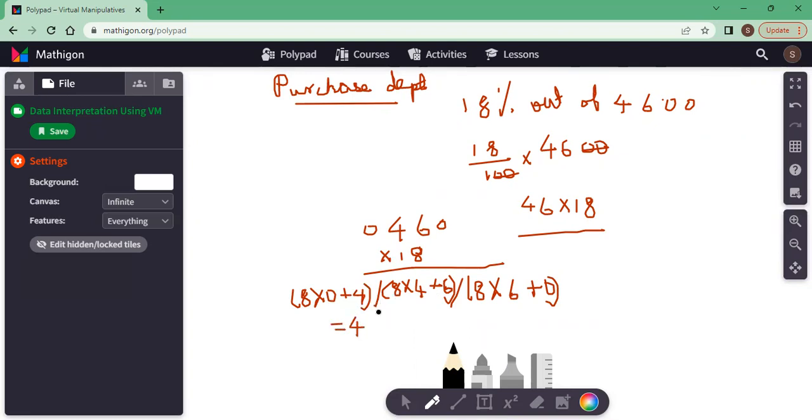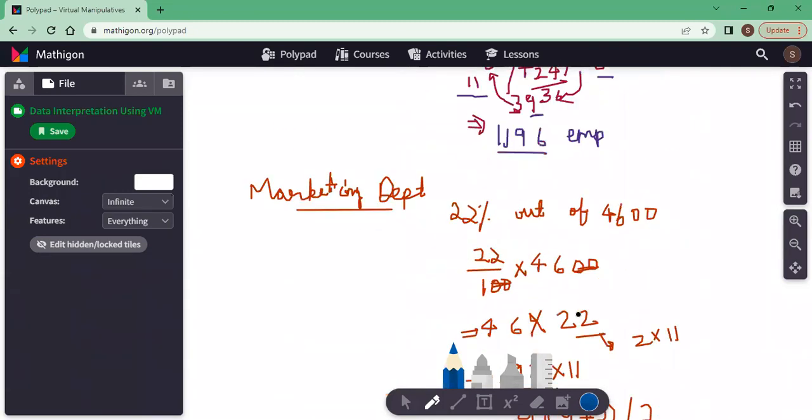So 32 plus 6 is nothing but 38. 8 sixes are 48. Now this 4 acts as a carryover here. So it becomes 42. This 4 again acts as a carryover here. So it becomes 8. So the answer is 828. So there are a total of 828 employees working in the purchase department of that organization.